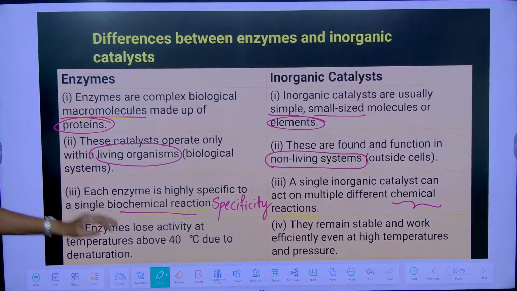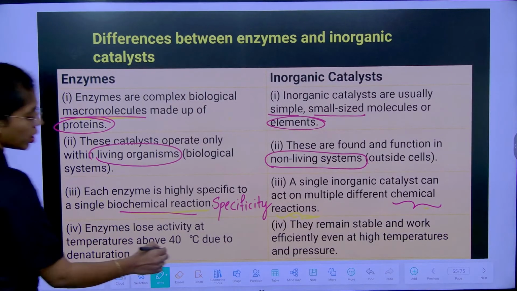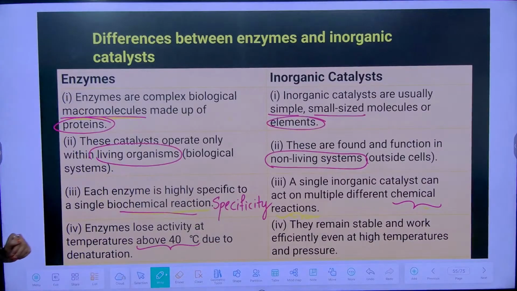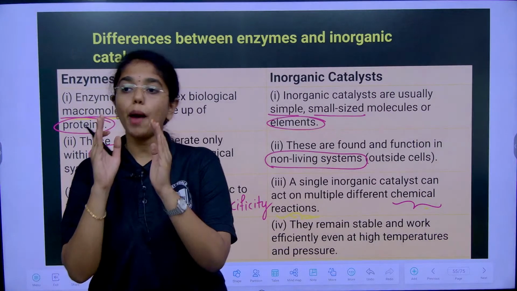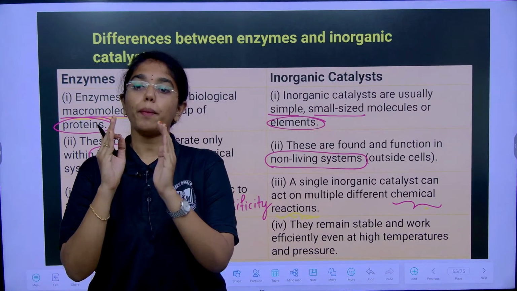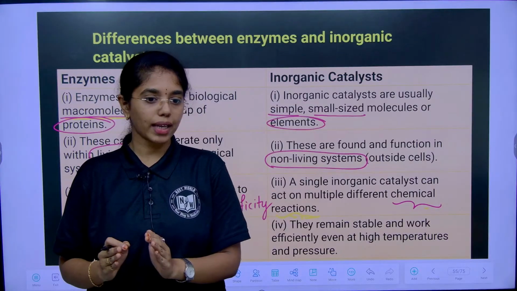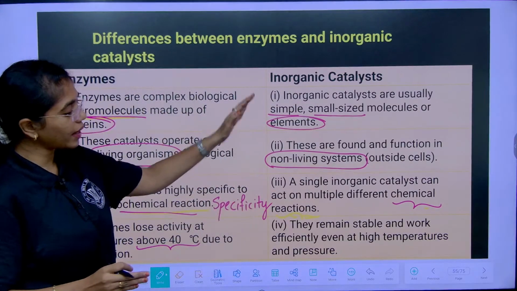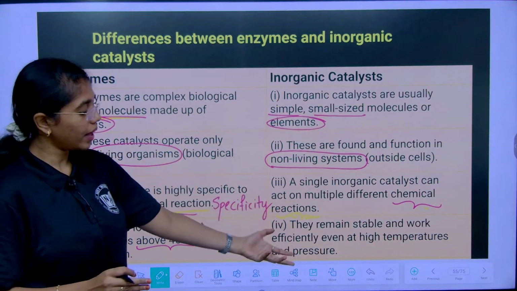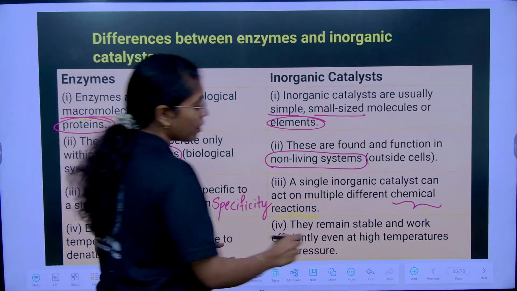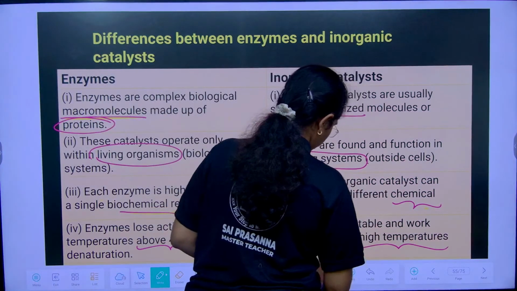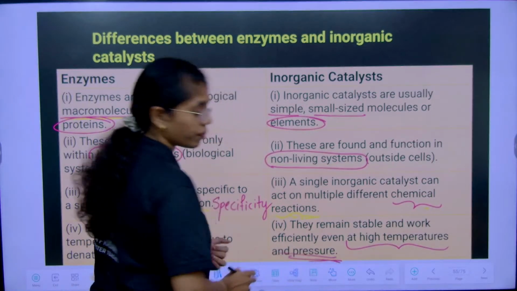Next, enzymes lose activity at temperatures above 40 degrees Celsius. This is due to denaturation. Means these enzymes have an optimum temperature, they have an optimum pH, organic catalyst. But then inorganic catalysts can perform their functions efficiently even at higher temperatures and pressures. Right?